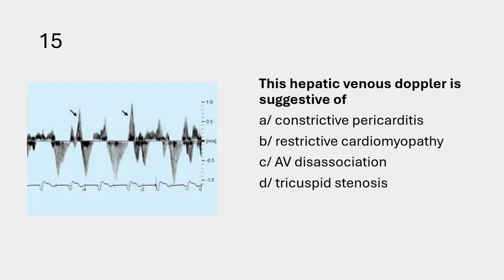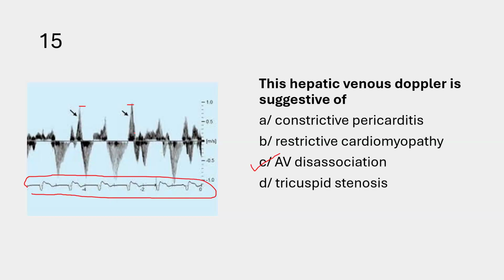If you noticed, it doesn't look like respiratory changes. And suddenly we have very high reversal. It comes like 1 and 2. And this is canon A wave of AV dissociation. If you look at the ECG, it is kind of complete heart block. And I think they are pacing spikes.